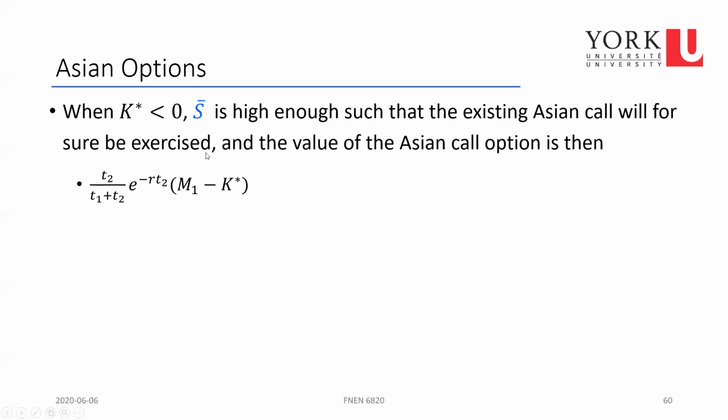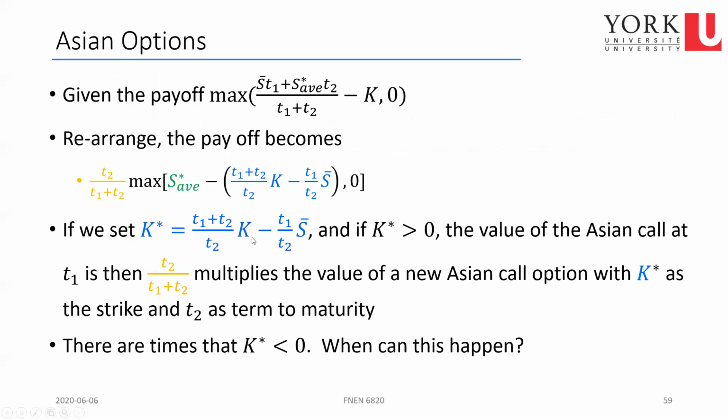So even if the later values are low, you will still exercise that option because the observed average was high enough. Any smaller values that you observe later on will not really impact it.